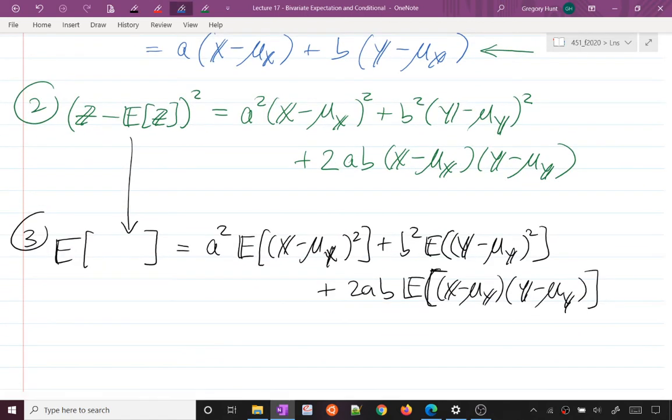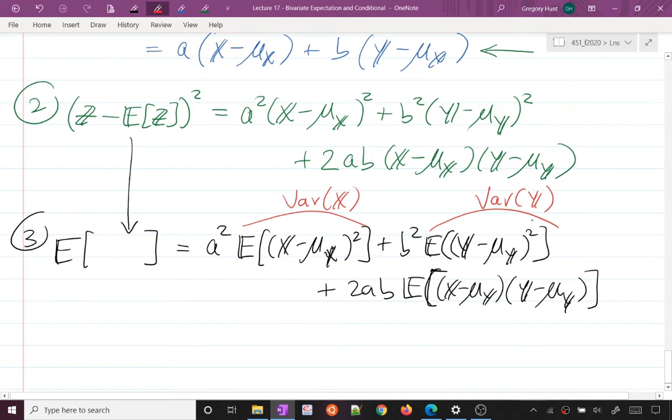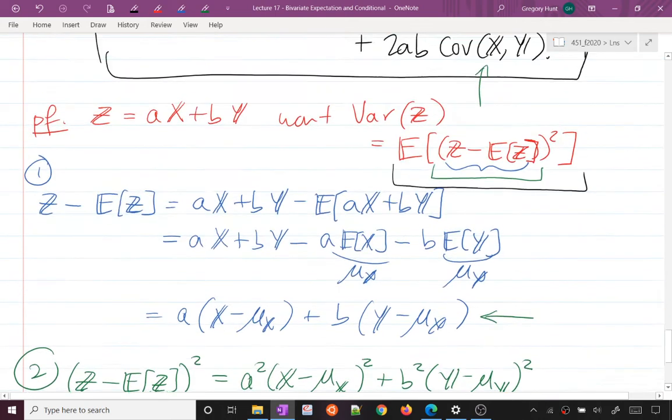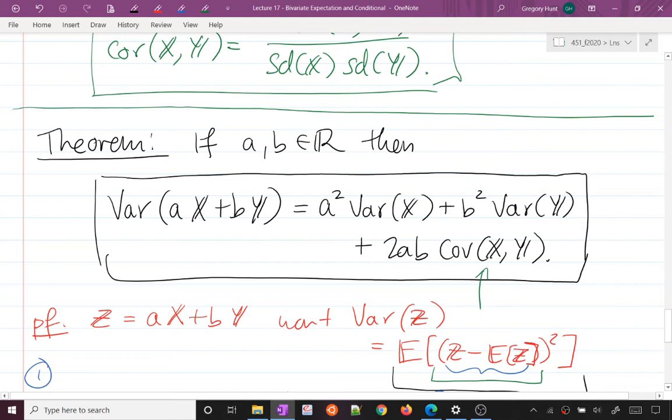And of course, this is the variance of x, using our definition of variance. This is the variance of y, and that, using our new definition, is what we call the covariance. QED, that's the theorem. That's a really, really fundamentally useful theorem in statistics, and comes up all the time.